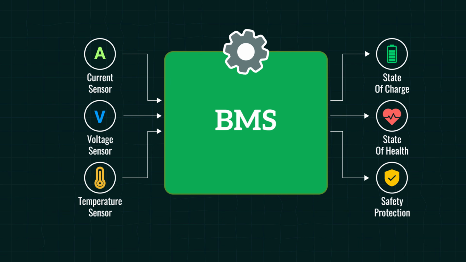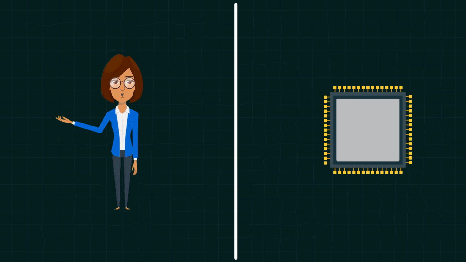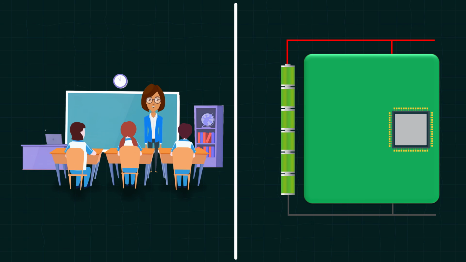Now imagine this battery management system is like a classroom. A microcontroller is the class teacher, which is the main brain who keeps everything safe and running smoothly. The cells present in the battery pack are the students in this class.